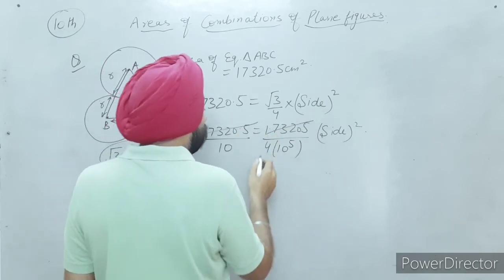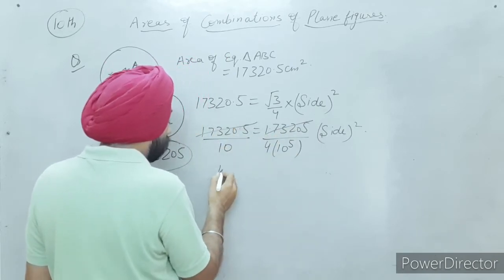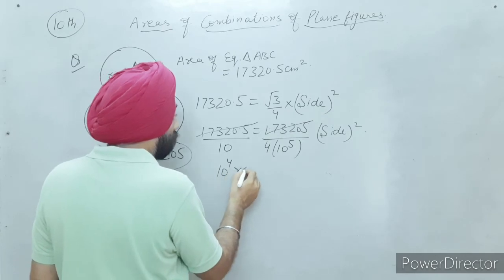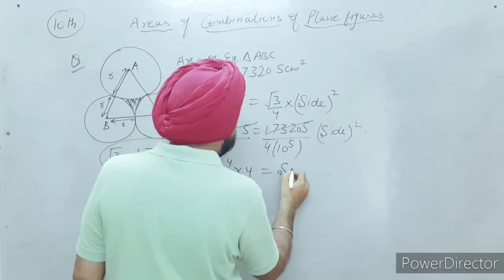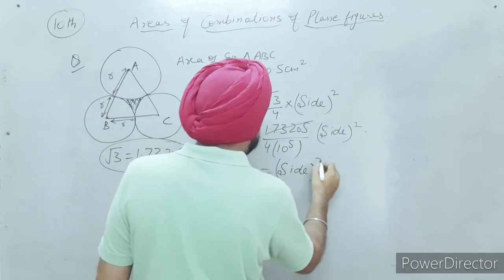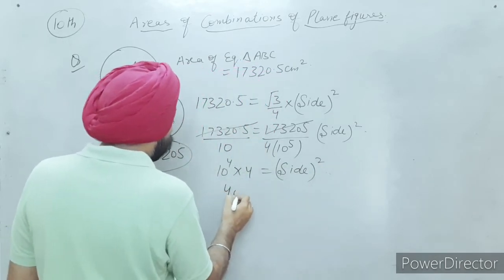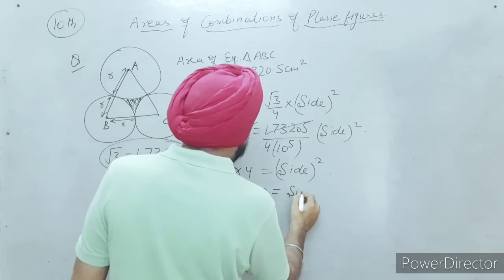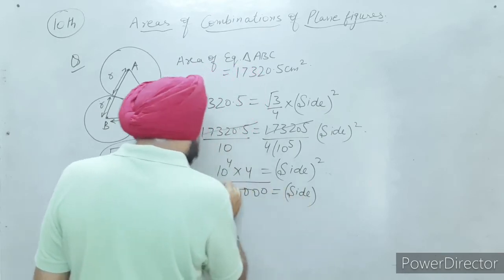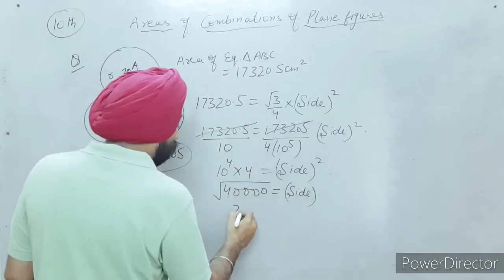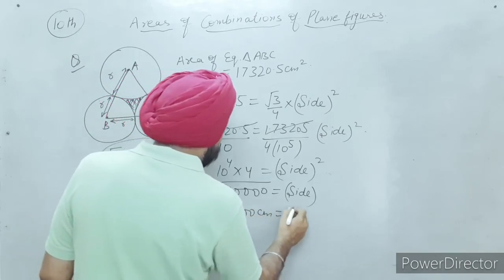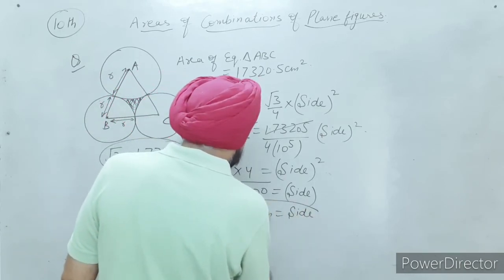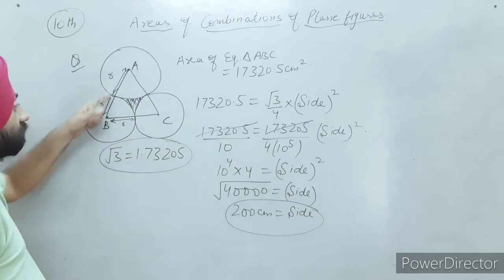This cancels with this. 10 raised to power 5 over 10 is 10 raised to power 4 into 4 is side square. This equals side under the root. Now 200 centimeter is the side of the triangle ABC.